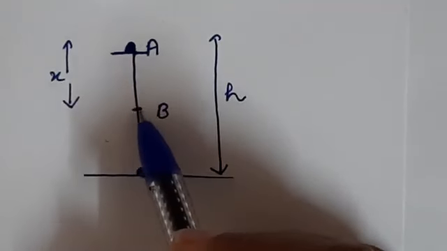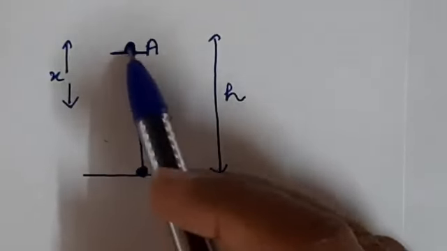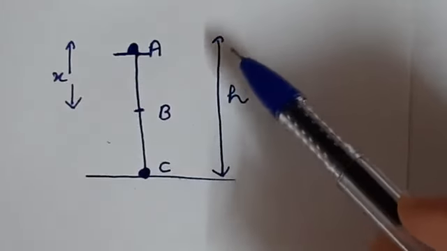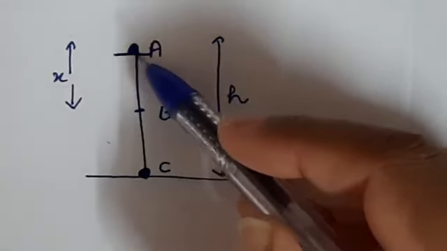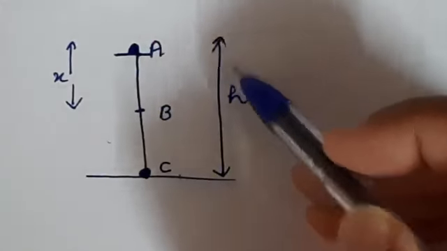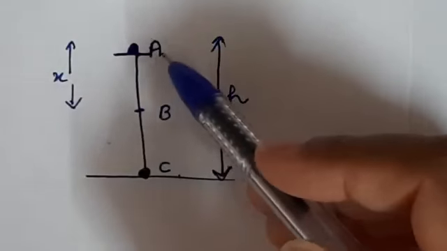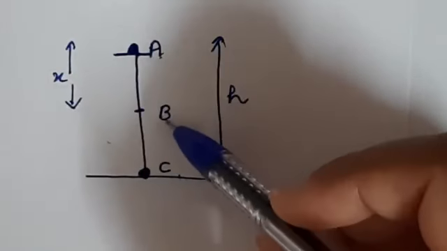And B is any point I have taken between these two points A and C. The total distance from A to C I have taken as H, and X is the distance between point A and point B.